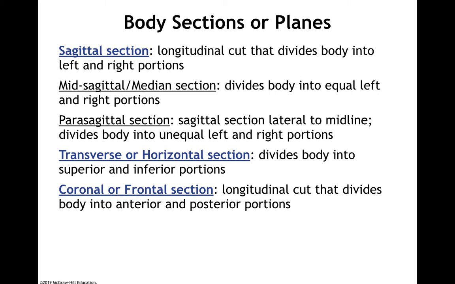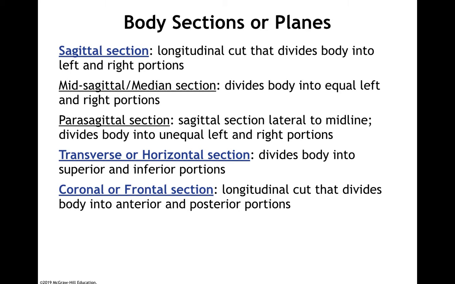So a sagittal section would be a longitudinal cut that divided the body into left and right portions. Mid-sagittal or median section would divide the body or the subject in two equal halves. Parasagittal would be one side or the other of the midline, giving you unequal halves on the left and right portion. A transverse or horizontal section would divide the body into upper and lower portions, superior and inferior.